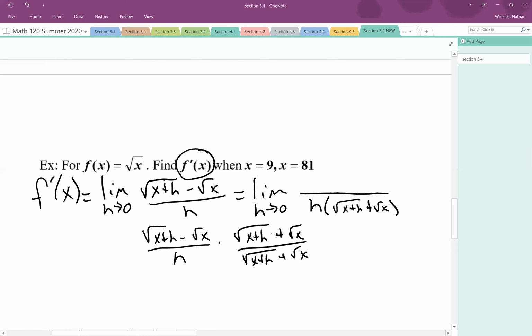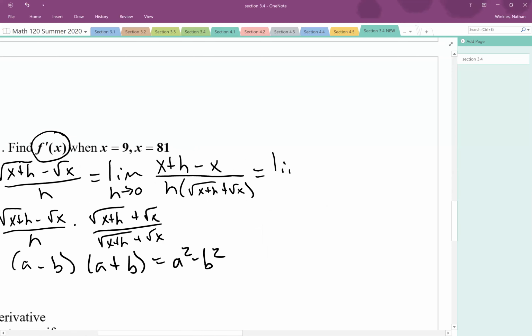In the numerator, we have a difference of squares, which is a minus b times a plus b, which will give us a squared minus b squared. And when you square a square root, the square root disappears, so we're left with x plus h minus x.